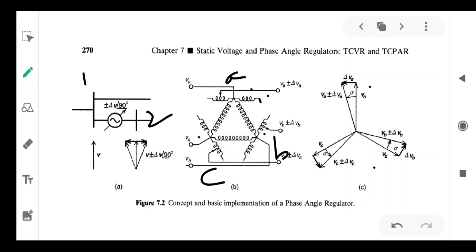This is VA, delta VA at an angle sigma, so that by adding delta VA at a different angle to the VA, you will obtain the voltage VA plus delta VA at a different phase, that is sigma. This is the sigma.